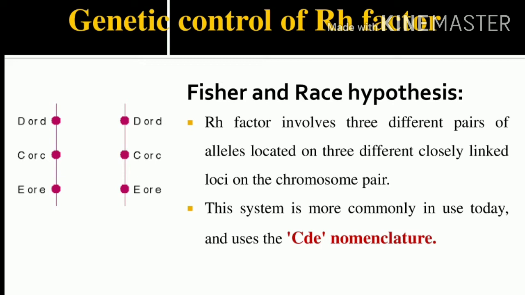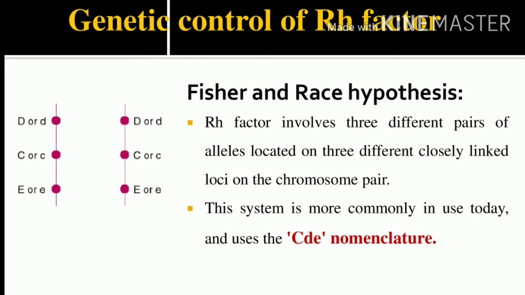C alleles, D alleles, E alleles, on three closely linked loci on the chromosome pair. This system is called the CDE nomenclature.